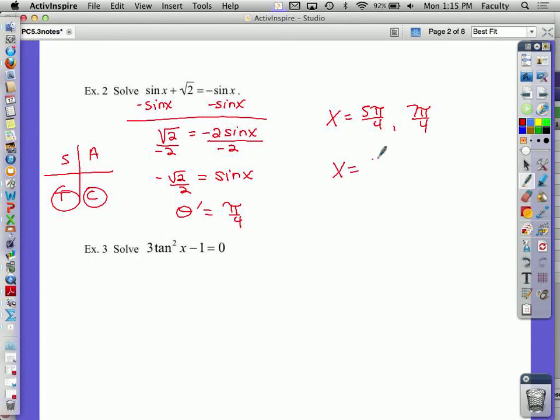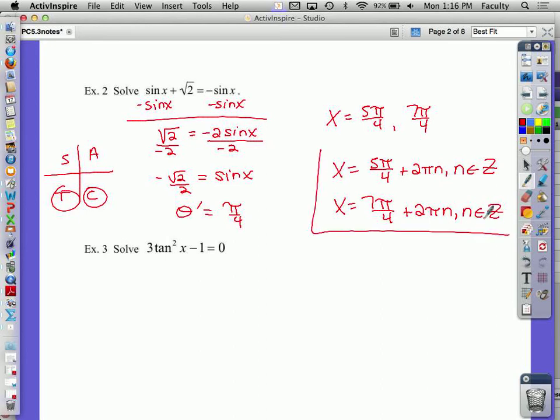Now when you write it in general, it's not always going to be plus 2 pi n. These first two were. And I suppose this is not the greatest advice, but when in doubt, add 2 pi n. You got maybe a 50-50 shot at it. I like those odds.